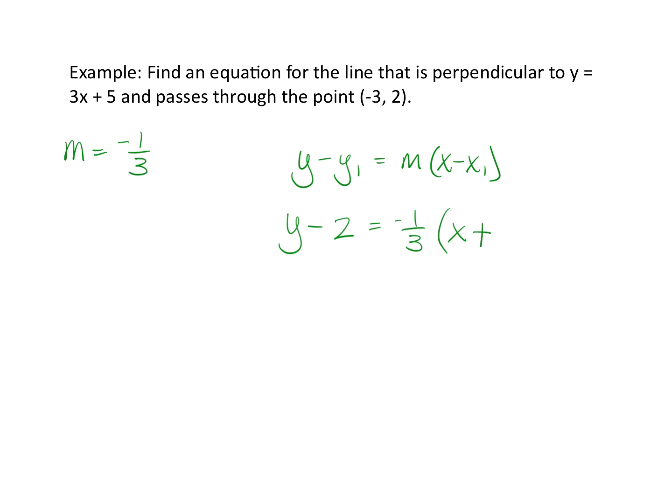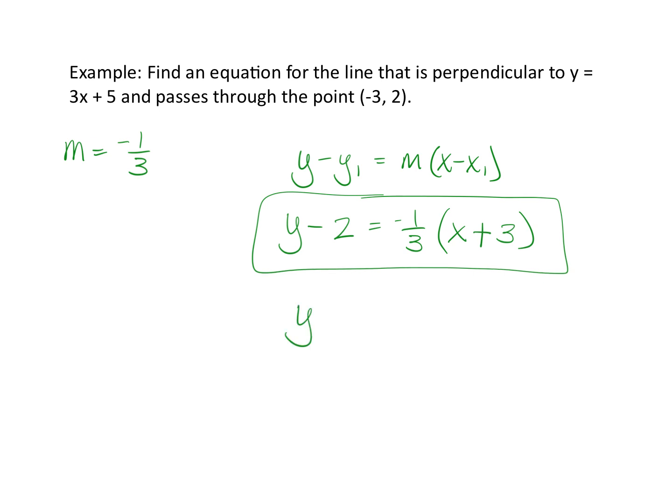So I have minus a negative becomes a plus 3. And if you like mx plus b format better, you can distribute the negative 1/3 and solve for the y. And you'll get y equals negative 1/3 x plus 1.